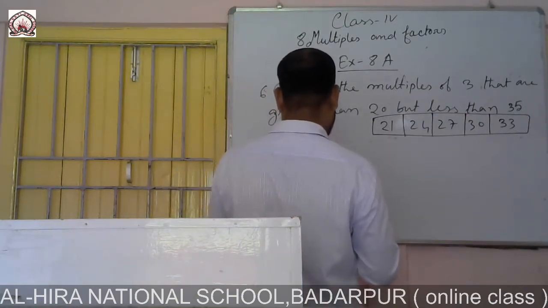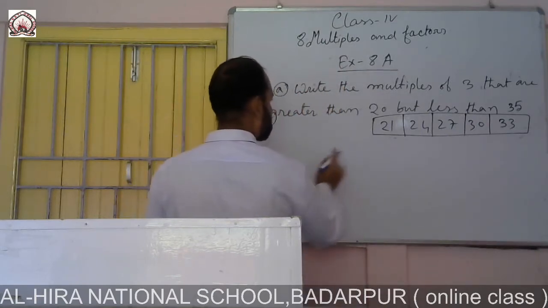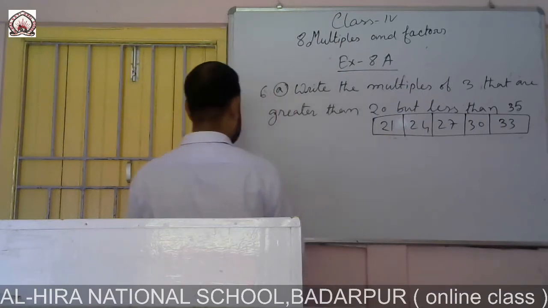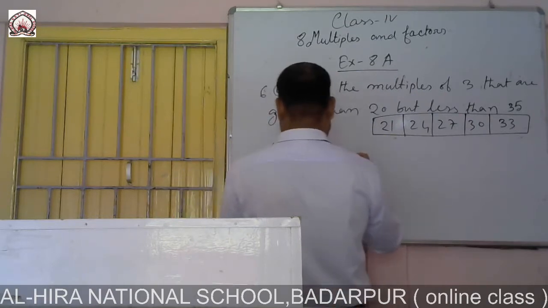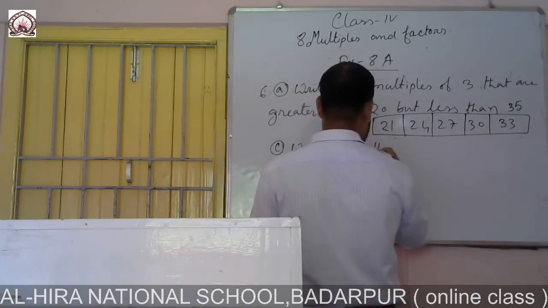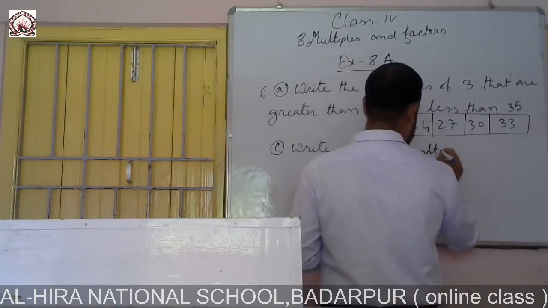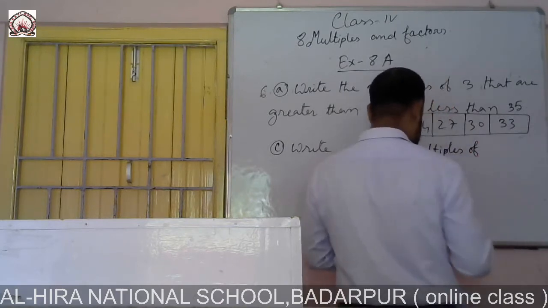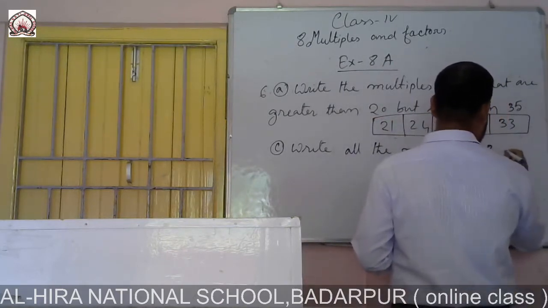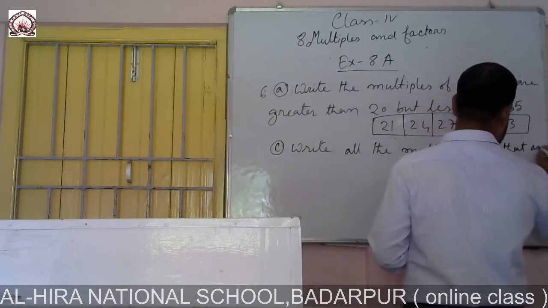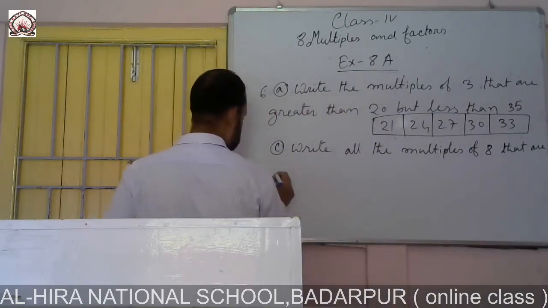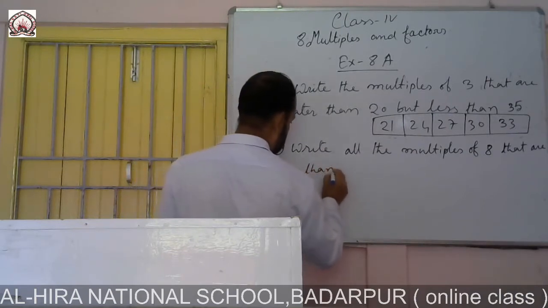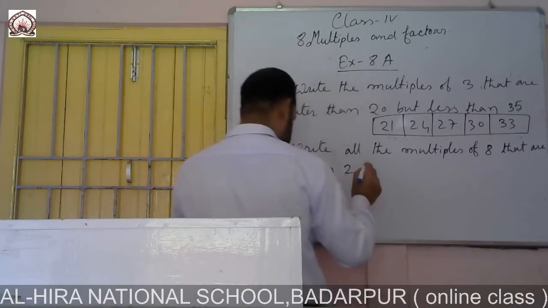So question number C. Write all the multiples of 8 that are less than 55.